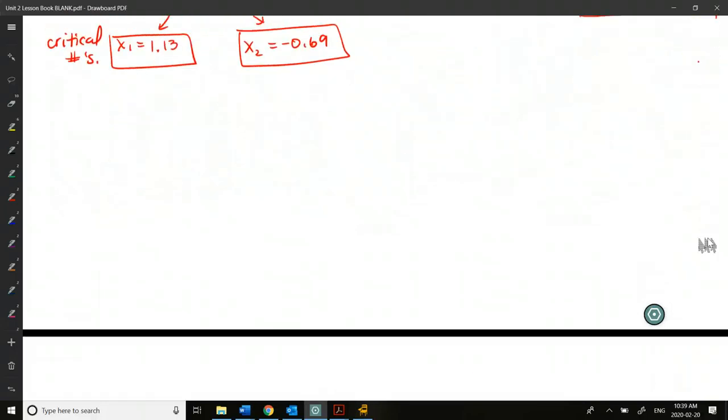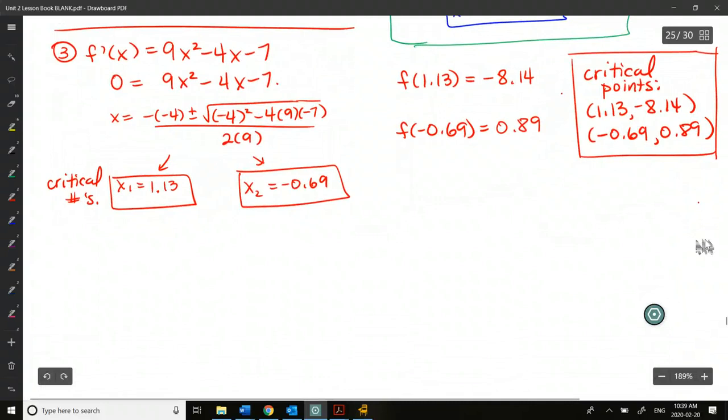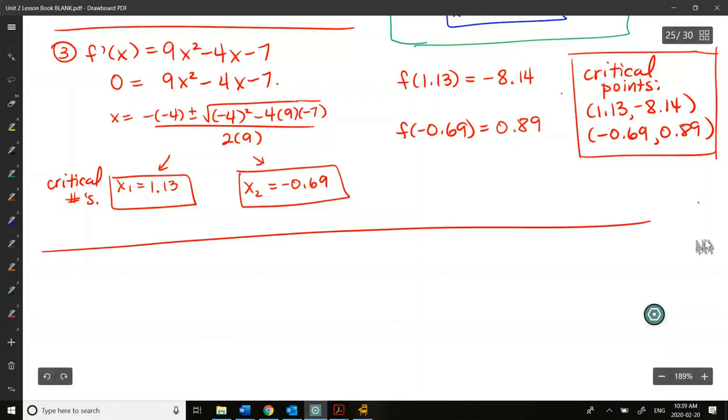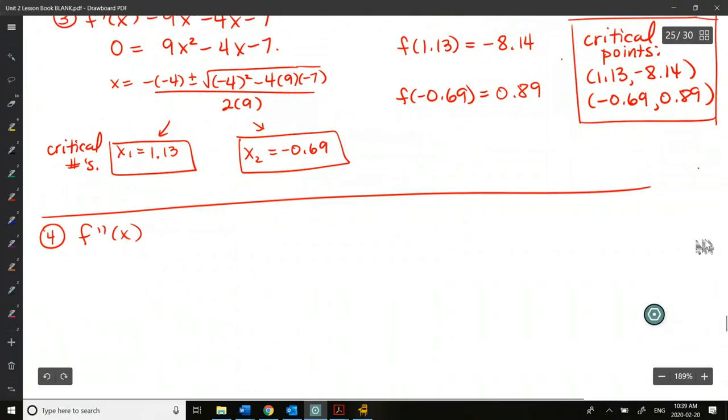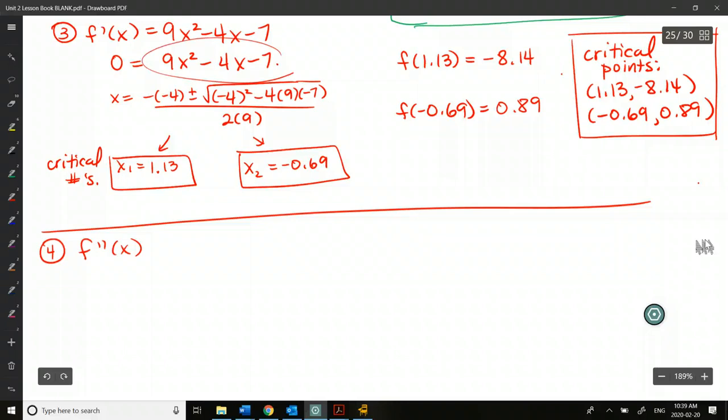We are also going to analyze where the second derivative equals 0 to find possible changes in concavity or possible points of inflection. So there's lots of room on the next page if you need to flip over. I am going to find f prime prime at x. Working from this equation here, we're going to find the derivative of that, and we're interested in where this equals 0.